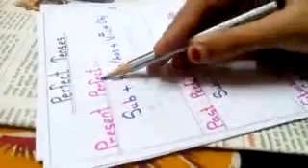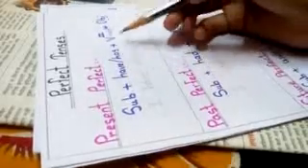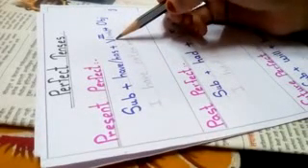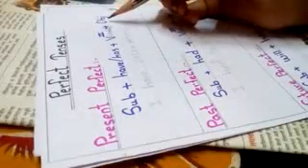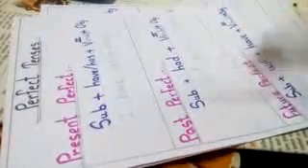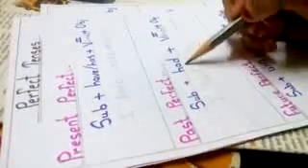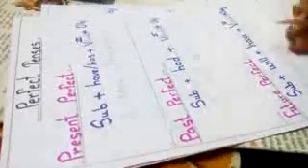For perfect tense, present perfect, subject plus have, has plus V3, that is past participle form of verb, plus object. Now past perfect, subject plus had plus V3 plus object. For future perfect, subject plus will plus have plus V3 plus object. Now the last one is perfect continuous tenses.